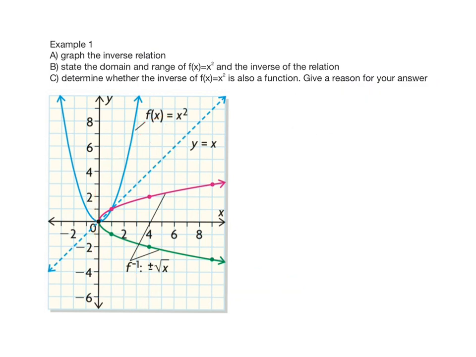Part C asks us to determine whether the inverse of f(x) = x squared is also a function, and we need to give a reason. So there are a couple ways that we can answer this. We have a graph, so that means that we can use the vertical line test, meaning we just drop a vertical line, and we see that the equation of plus or minus root x would cause us to have 2 points of intersection with the vertical line.